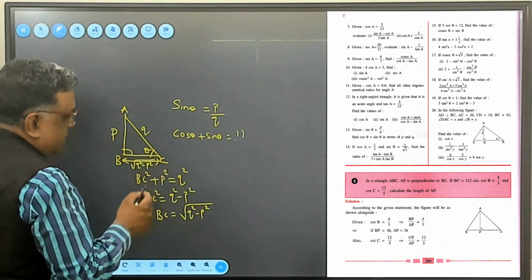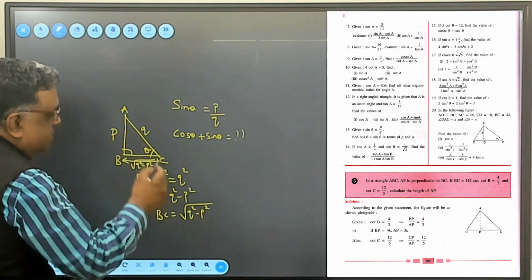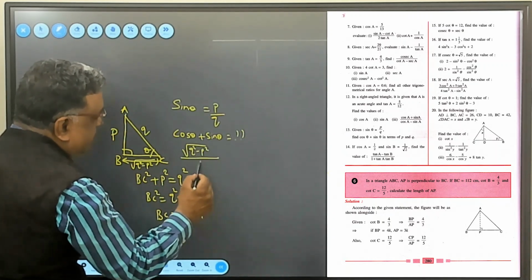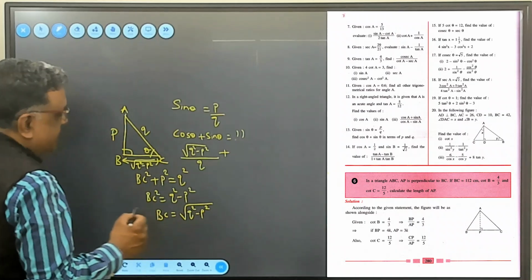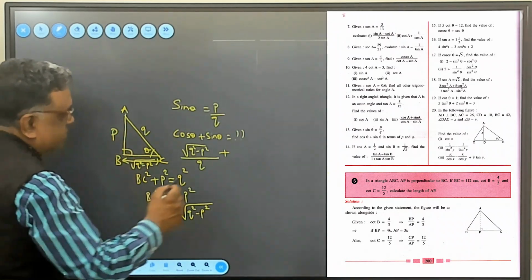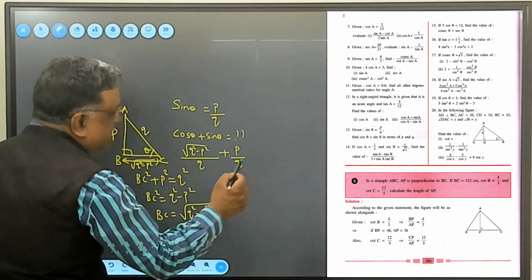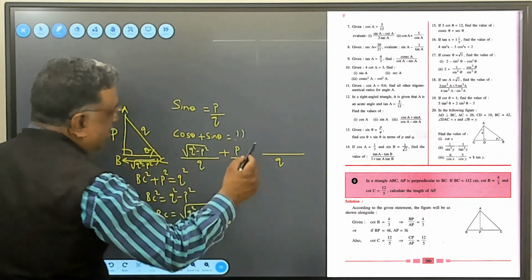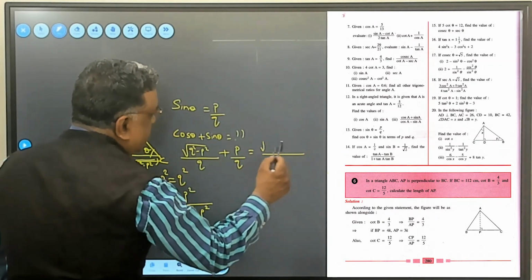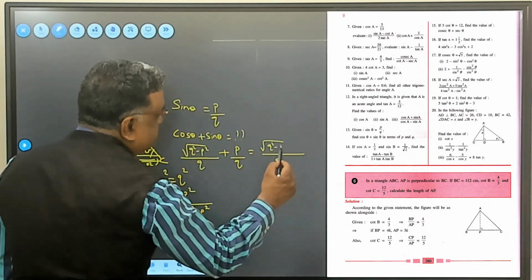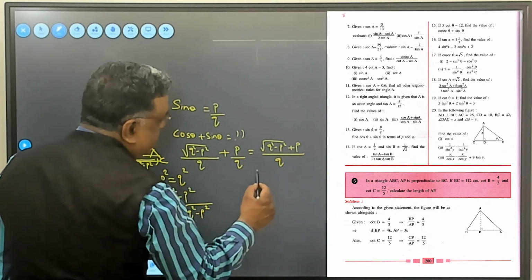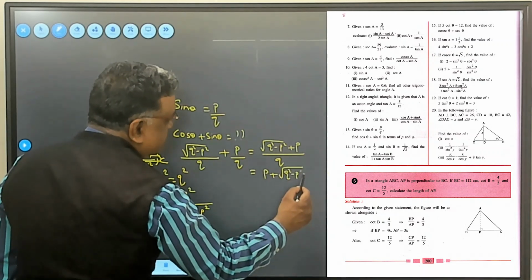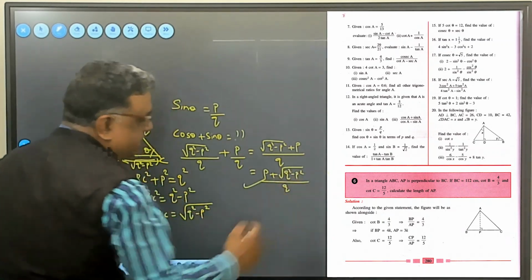So what is cos theta? Cos theta is adjacent upon hypotenuse, so adjacent is square root of Q square minus P square upon the hypotenuse Q. And sin theta is opposite upon hypotenuse, which is P upon Q. Now the denominator Q is the same, so I can write this as square root of Q square minus P square plus P, or a better way of writing is P plus square root of Q square minus P square upon Q.